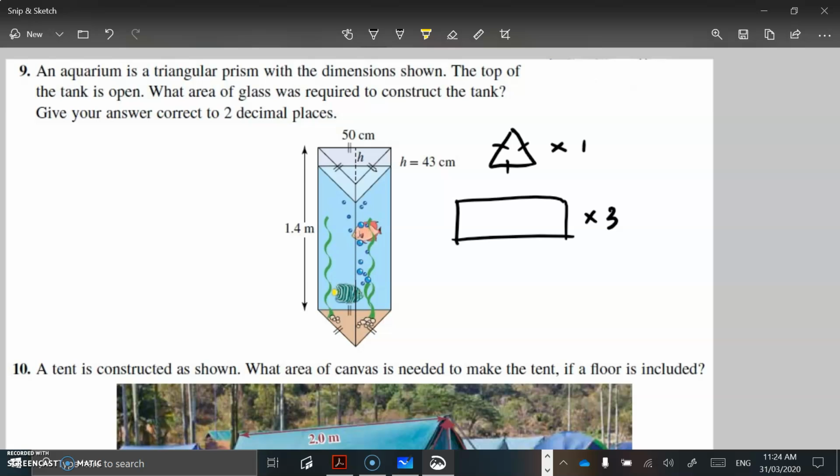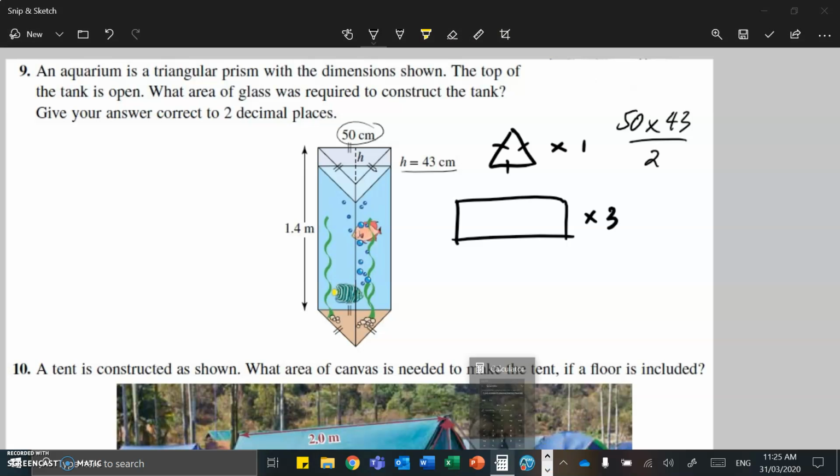So the area of a triangle is base times the height divided by 2. The base of this triangle is stated as 50, and the height of the triangle is stated as 43. Notice that the 50 and the 43 are in the same units of measurement, so that's okay.